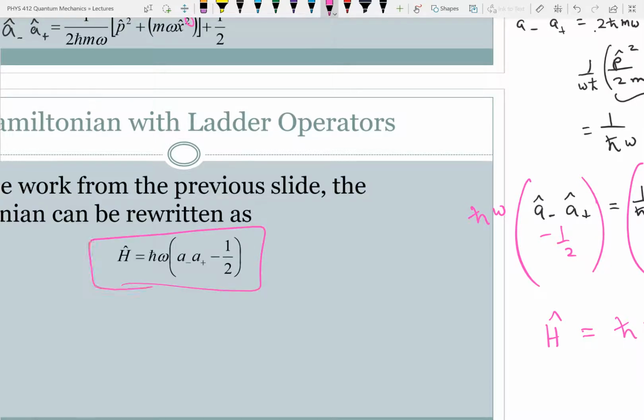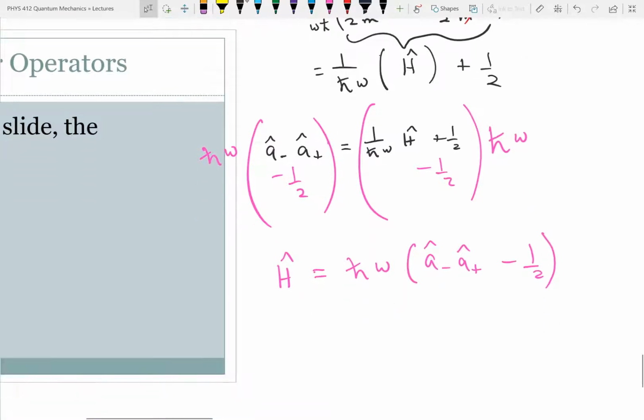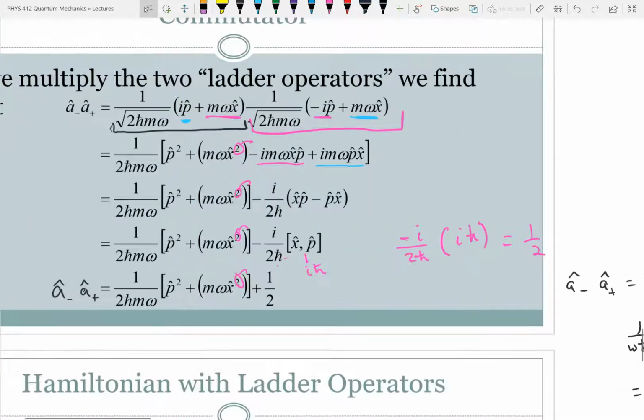Hence this equation. Now that's not the only way I could have done it. I could have used A plus A minus instead of A minus A plus. That would have made a difference, right? So I'm not going to go back and completely reinvent the wheel.